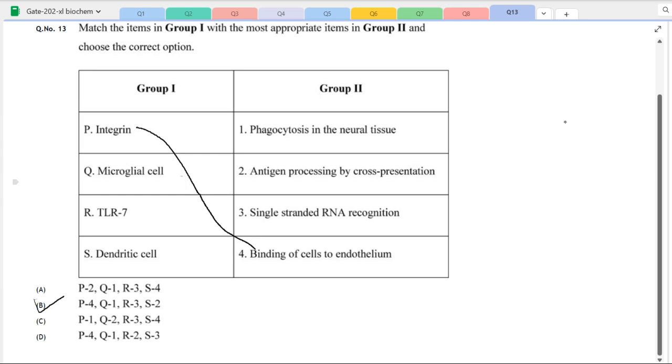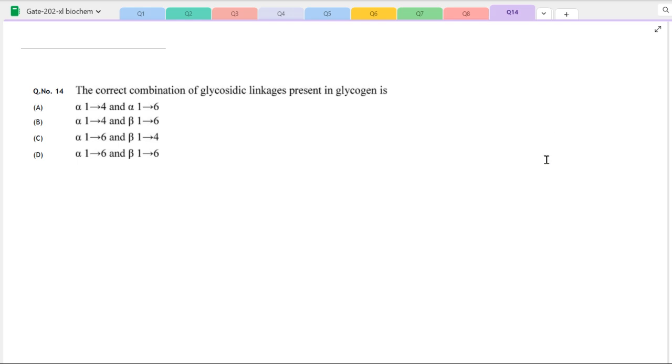Microglial cell is involved in phagocytosis in the neural tissue, like a different version of macrophage in the neural tissue. TLR7 is involved in single-stranded RNA recognition. And dendritic cell, being an antigen presenting cell, is involved in antigen processing by cross presentation. This is a pretty simple question if you know basic immunology concepts. Okay, moving on to the next question.